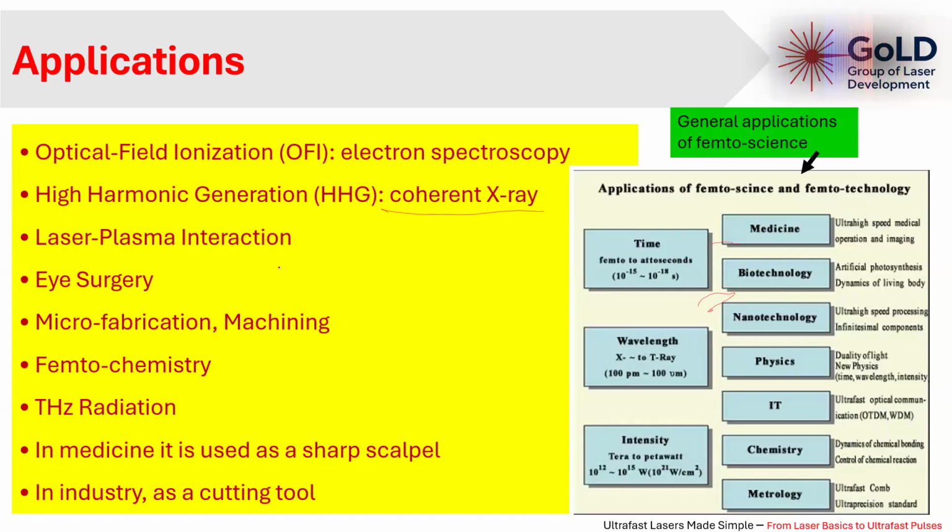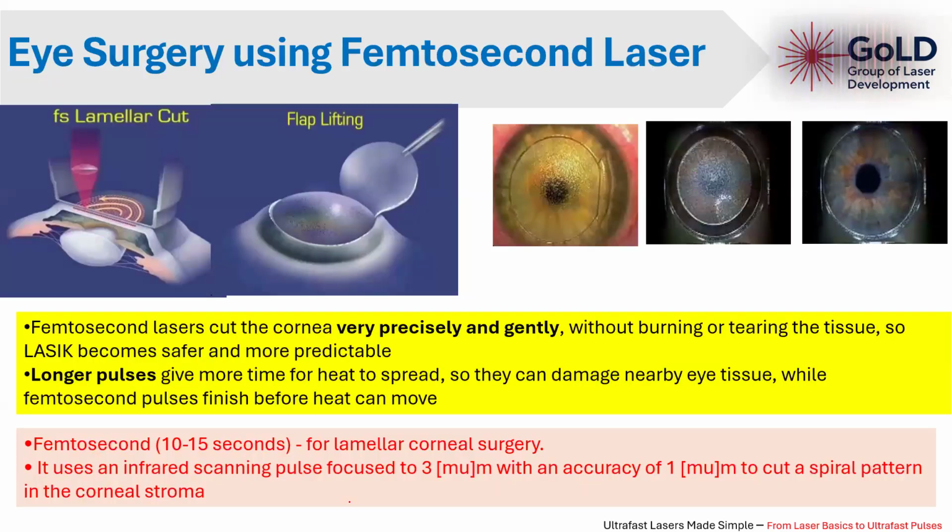We can generate plasma and study laser and plasma interaction, and we can use it in eye surgery, in microfabrication, machining, and chemical reactions, to generate terahertz radiation, in medicine for cutting and eye operations, and in industry for many other things.